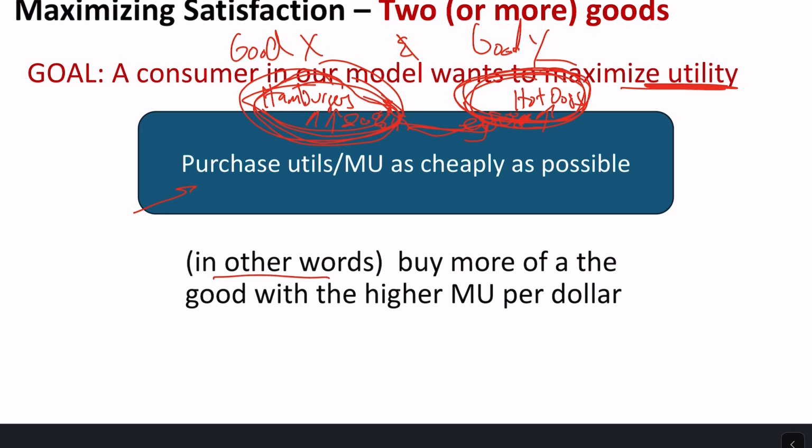So in other words, you can think of this problem as buy more of a good with a higher marginal utility per dollar. Whichever good has a higher marginal utility per dollar, buy that good. And that's going to start maximizing the utility that you can get.